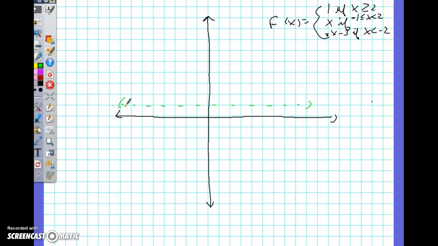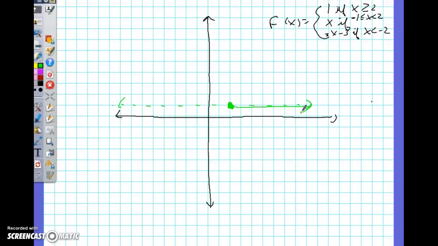We're doing the first one, where x is 2 or greater, right? So here's x is 2. So 2 or greater is going to be this way, right? So I put in a solid dot right there, draw my arrow to the right, and I ignore the stuff that's off to the left. I can erase it if I want. I'm going to leave it up there temporarily.